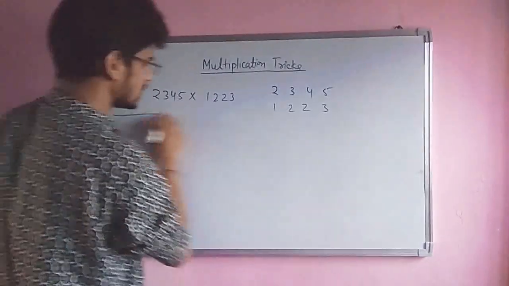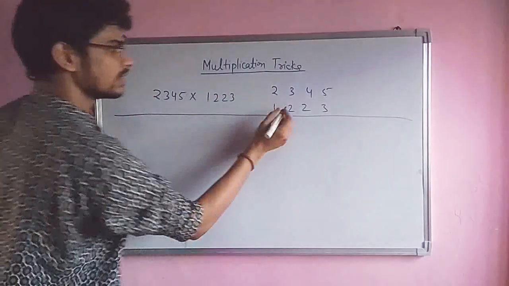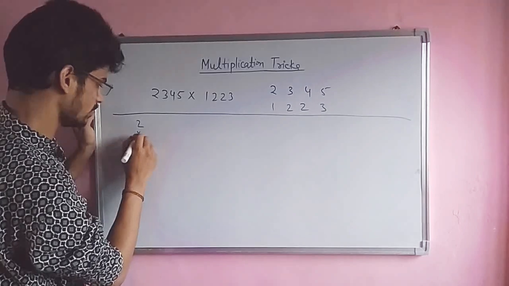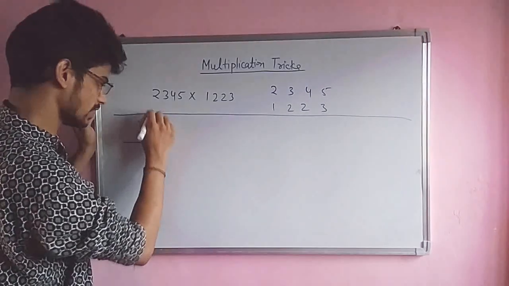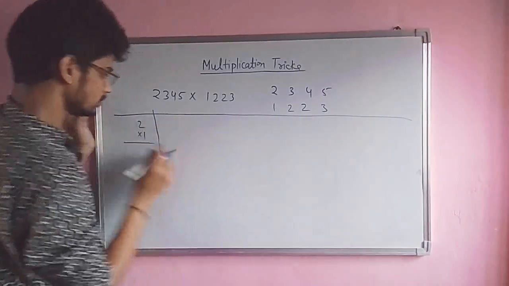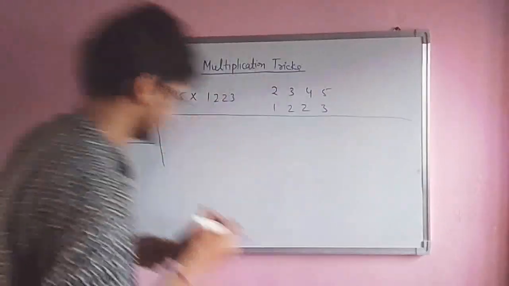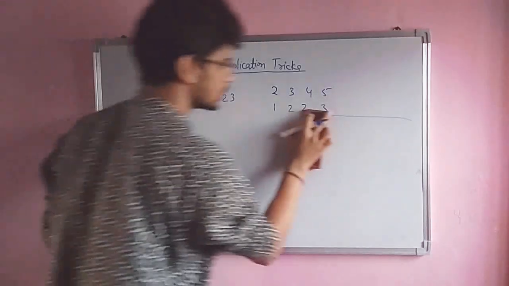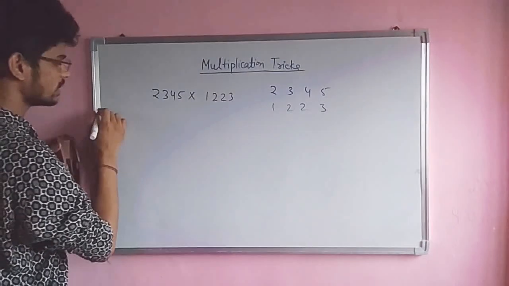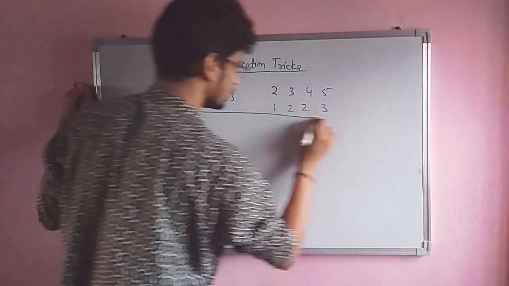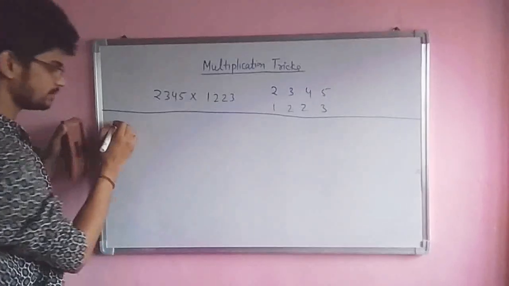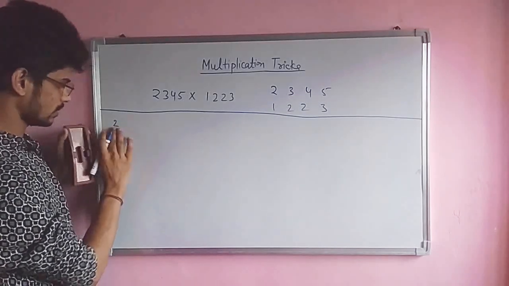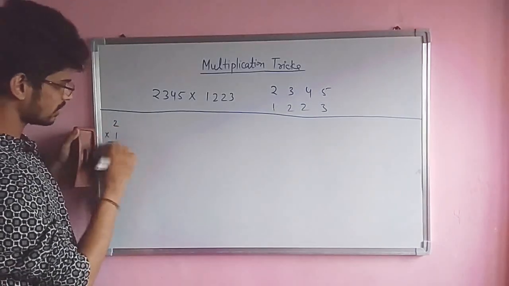Now separate the digits like this. First of all, 2 multiplied by 1. Here's 1. It requires more space, that's why the writing is smaller. 2 multiplied by 1, that is 2.